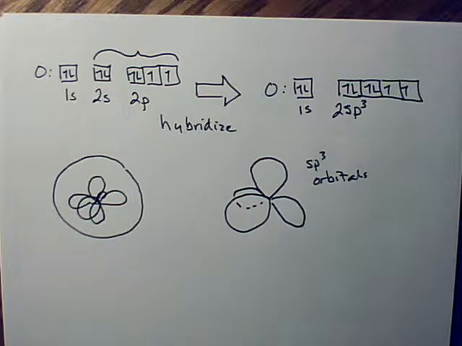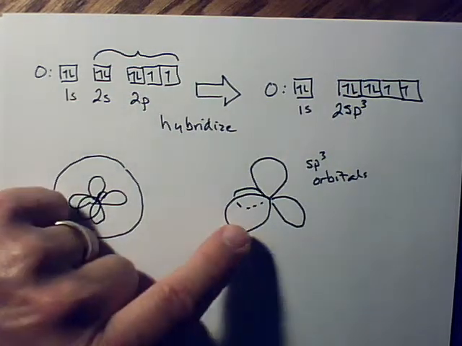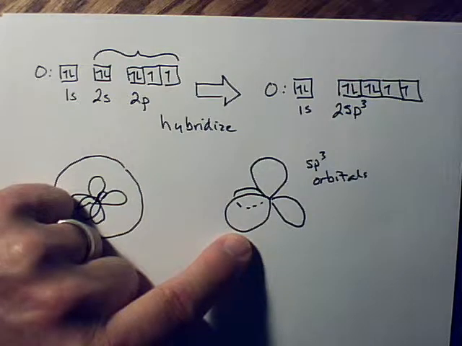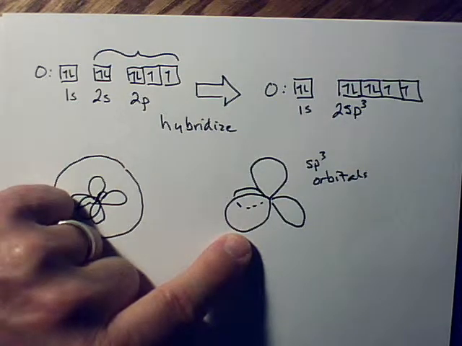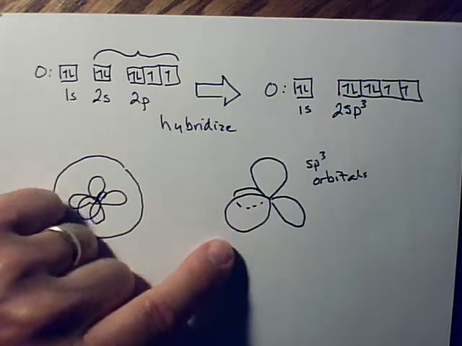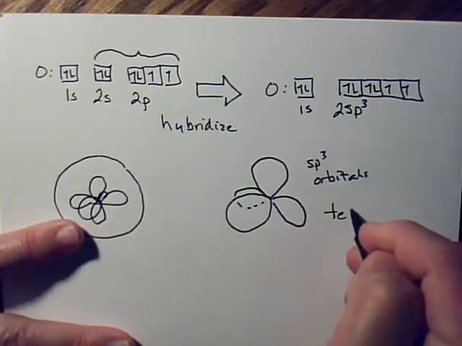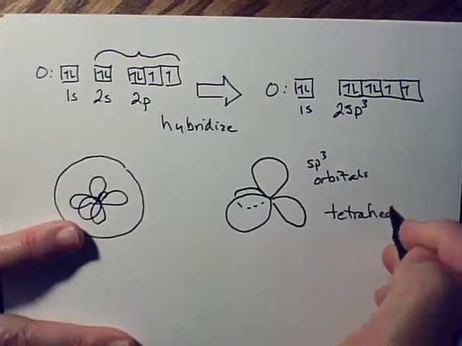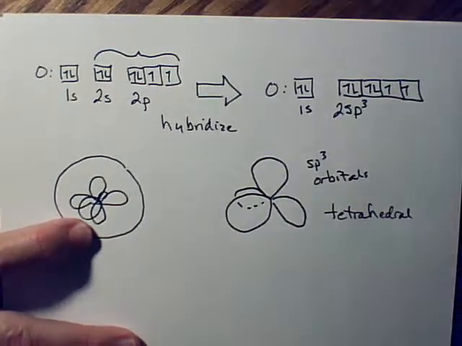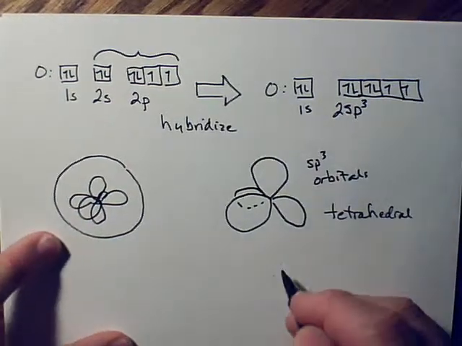It doesn't show the s. Okay? But they're all going to reform themselves into 4 orbitals in the same sublevel, and the only way to get them all together is like this, because they're all the same energy and they're all the same shape. And so they form what's called a tetrahedral. Okay, they form themselves in a tetrahedral arrangement.